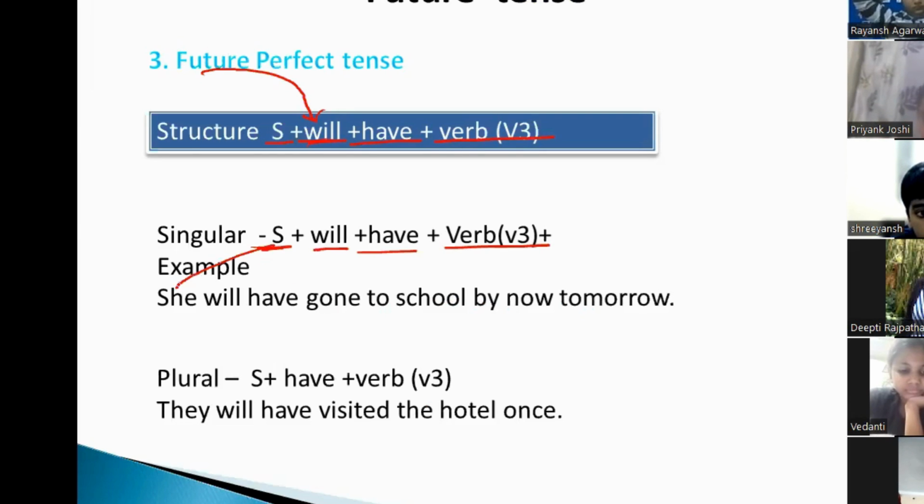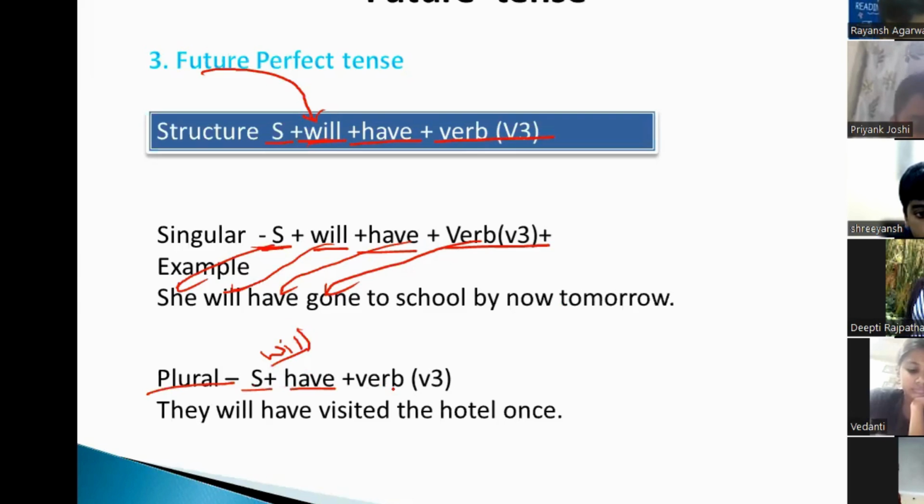So she is our subject, will is our helping verb, have is representing the perfect tense, plus the third form of verb. Now, if your subject is plural, the structure is subject plus, definitely it should have will, otherwise it will not come under future tense. Subject plus will plus have plus third form of verb, like they will have visited the hotel once.